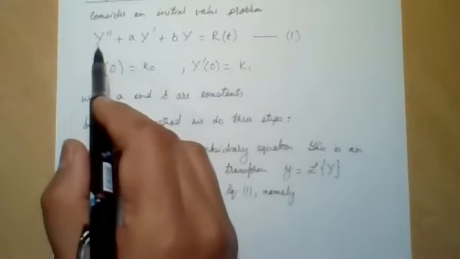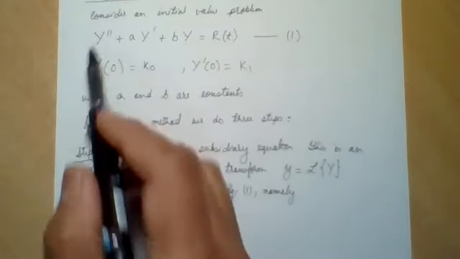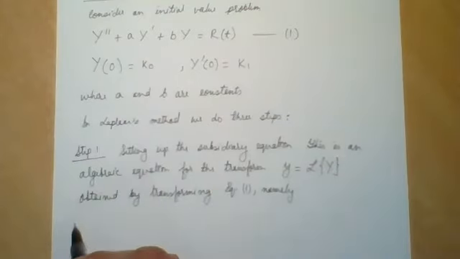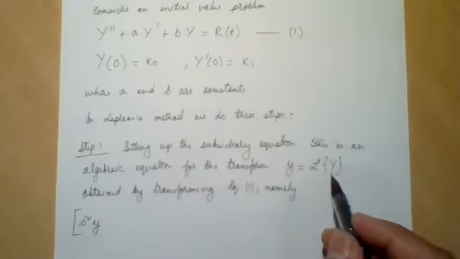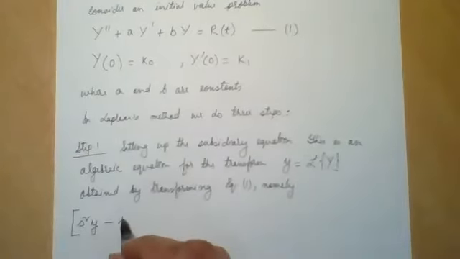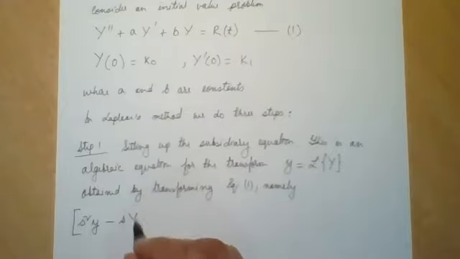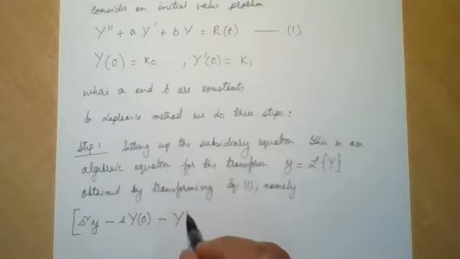First we take the Laplace transform of y double prime. And we saw last time that the Laplace transform of y double prime is s square small y, where small y is the Laplace transform of capital Y, minus s times the value of capital Y at t equal to 0, minus y prime, the value of y prime at time t equal to 0.